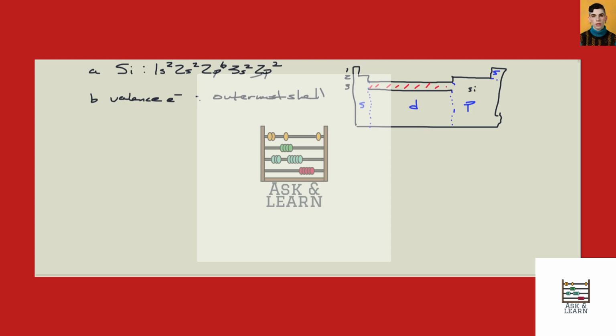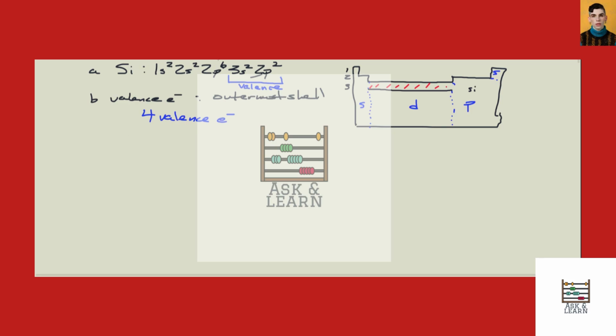So we have the 3 as our valence shell. And there's 2 electrons from the S, 2 electrons in the P. That makes 4 valence electrons total. You add up the superscripts in the valence shell.